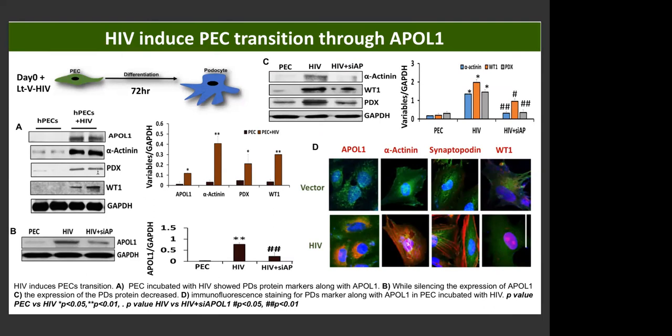It means HIV can stimulate the differentiation of these epithelial cells into podocytes, and there is an increase in the APOL1 expression. And when we silence the APOL1, the HIV is unable to do this differentiation, and this shows that HIV also works through the APOL1, and if we silence the APOL1, HIV is not able to fully differentiate the parietal epithelial cells into the podocytes.